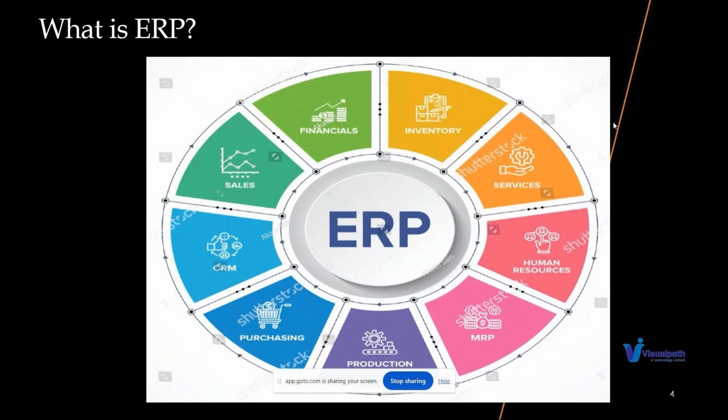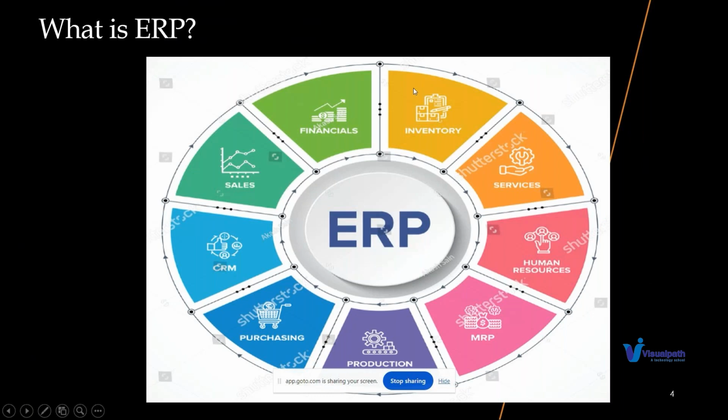Planning means what are the resources that the company has and how you are going to plan them. This sort of visibility the abbreviation gives you when you hear the words enterprise resource planning. So let us discuss some more details on this with an example.